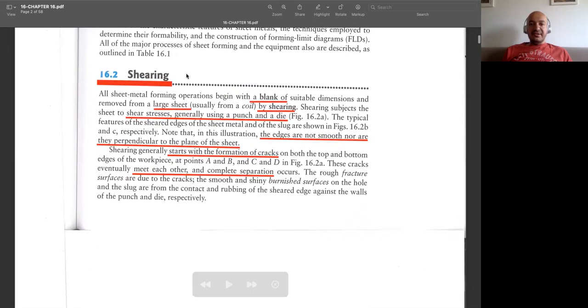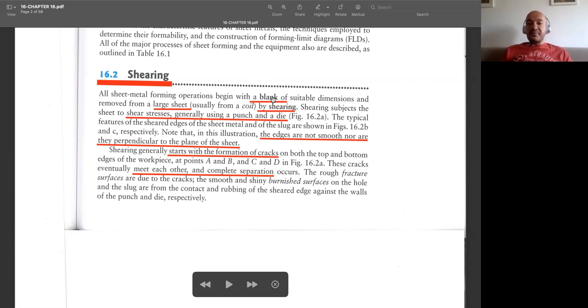Now I will start discussing the first of the important sheet metal manufacturing operations. This is shearing, and all sheet metal operations actually start with a blank. The blank is the part we want to work on, and you can obtain this blank with the help of the shearing process. So it's a kind of cutting process.